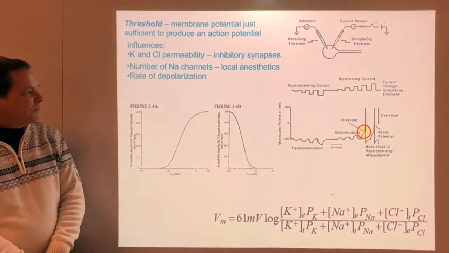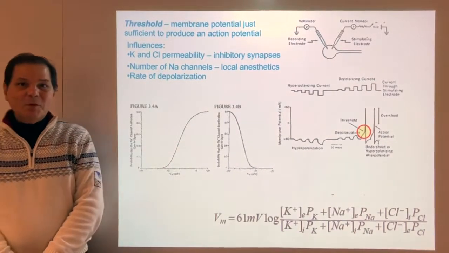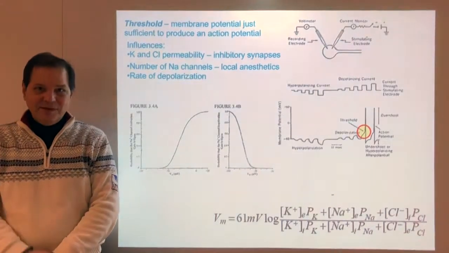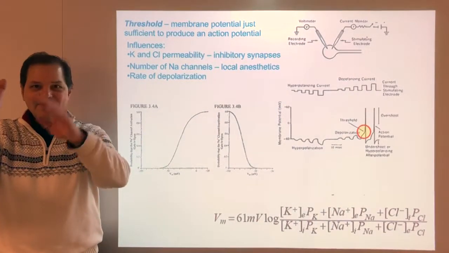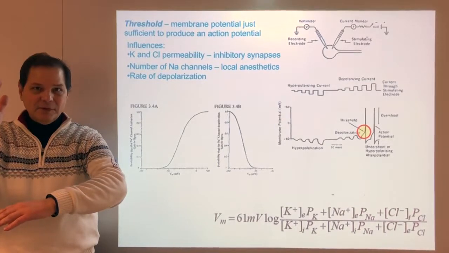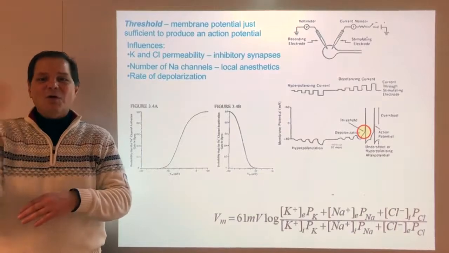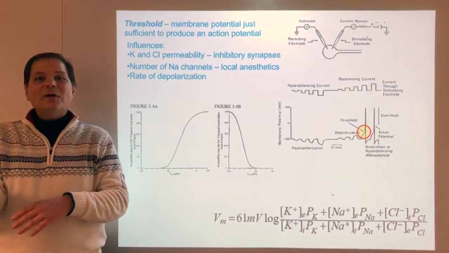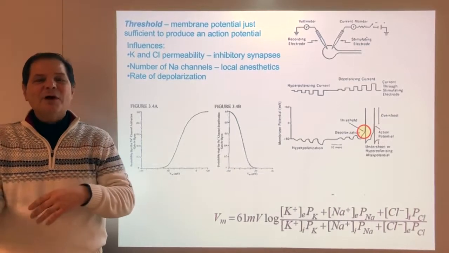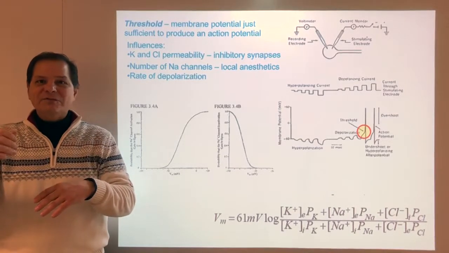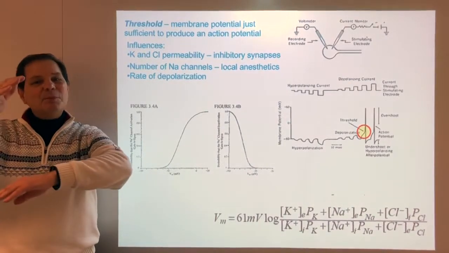The rate of depolarization, this is not as intuitive, but remember, the number of open channels is a competition between how many activation gates you flip open and how many inactivation gates you slowly flip closed, okay? So the key to flipping those activation gates open before the inactivation gates have a chance to close is to depolarize fast. If you do it fast, the activation gates, bam, they go. The inactivation gates are pretty slow.